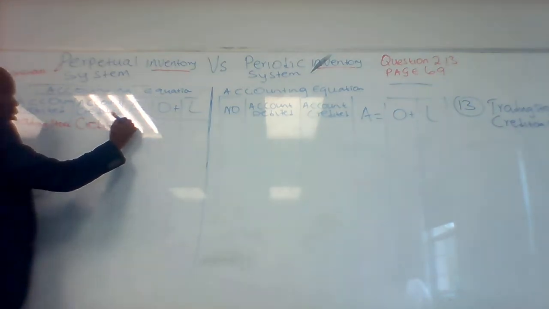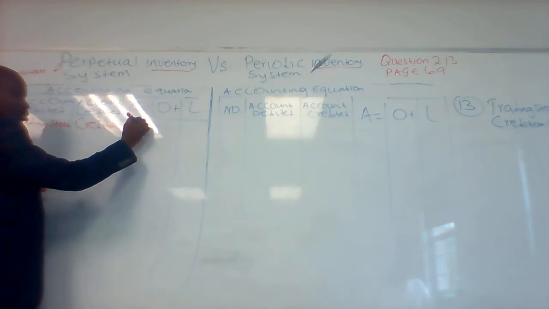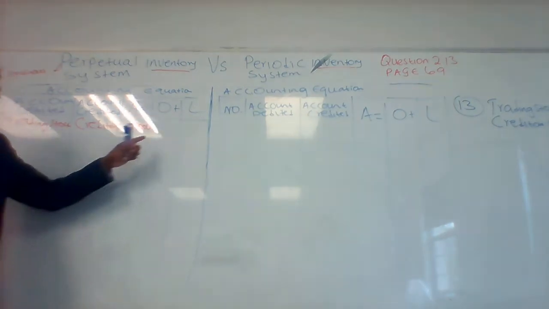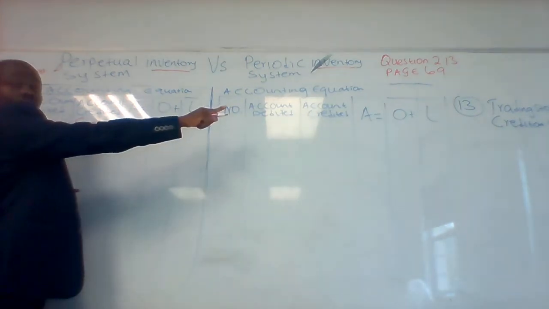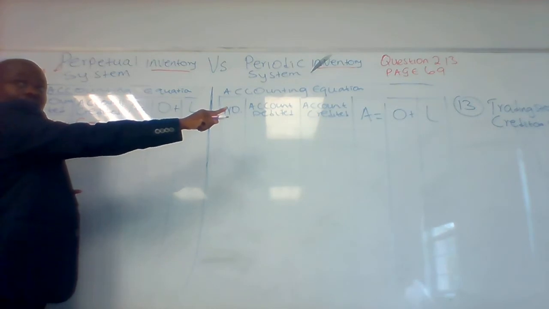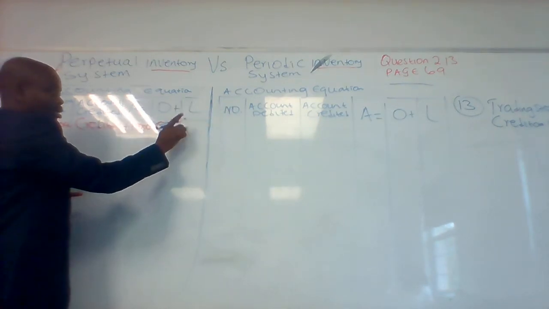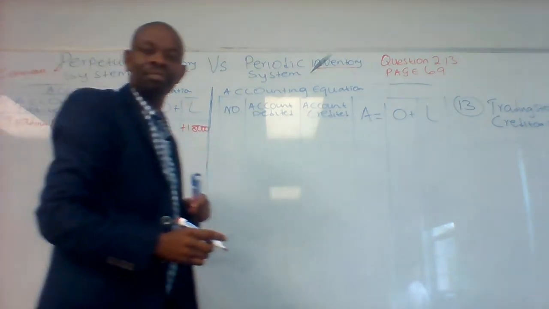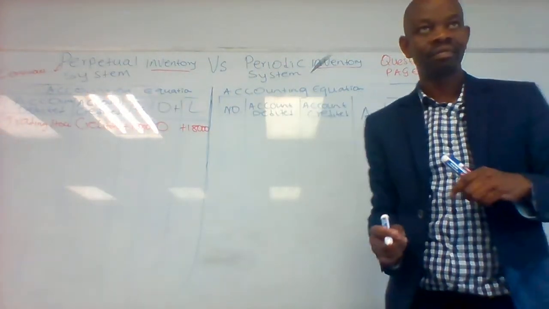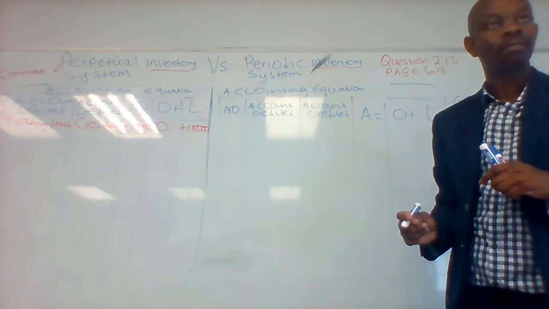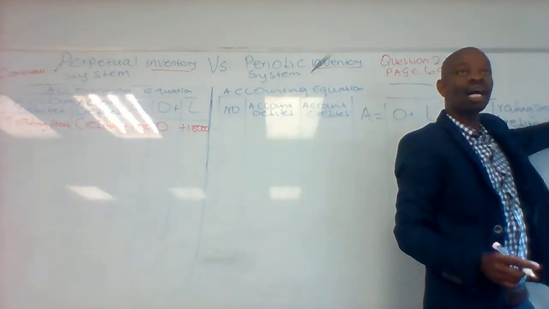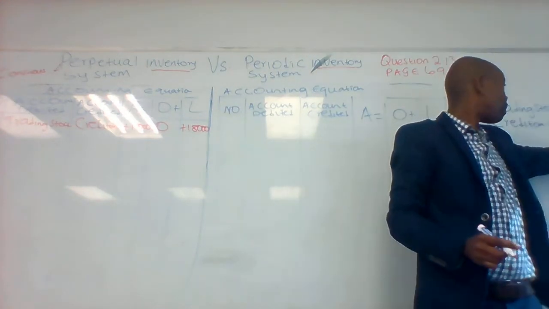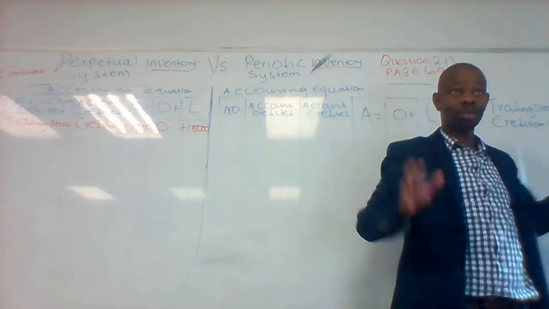Plus 18. Because there is no ownership. Yes, 18 because of the arrow going up. Assets are plus, liability is plus because the arrow is going up.